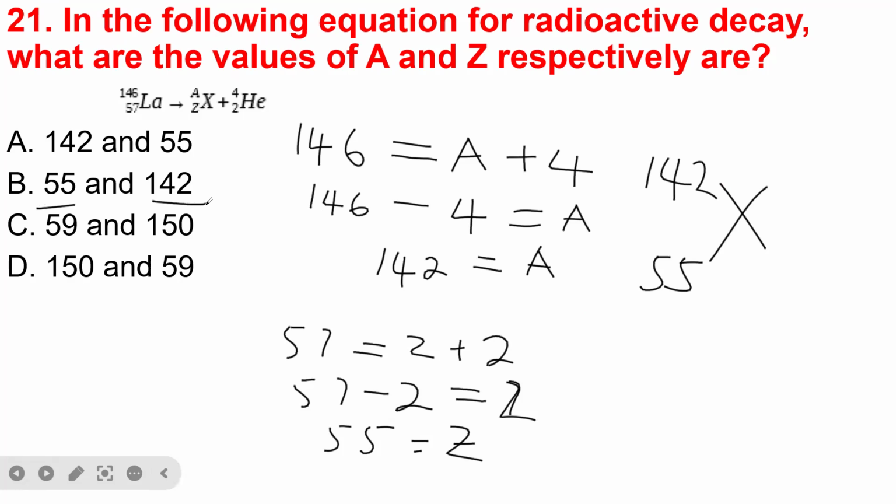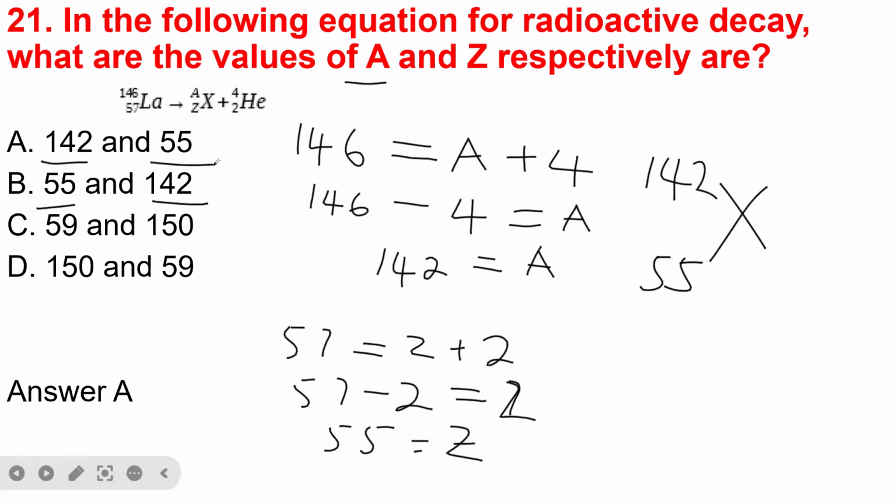So the answer to this question is option... what are the values of A and Z respectively? So A, because of the word respectively, is going to be 142, and then Z is 55. You see, ladies and gentlemen, you have to be very careful when you are reading questions.